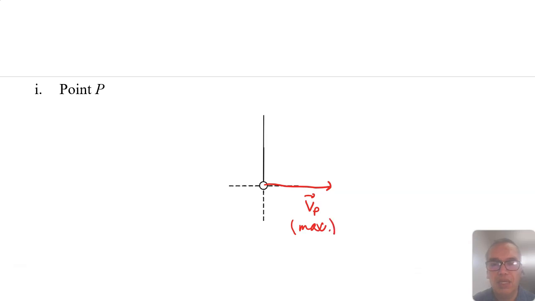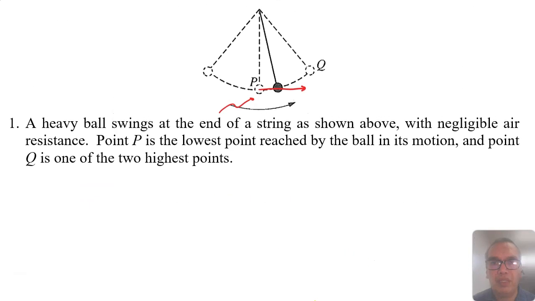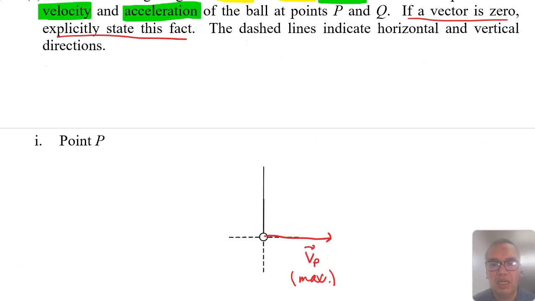In the time before passing through point P, the velocity has been increasing, and then after that, the velocity has been decreasing to zero. So this is the maximum velocity at point P.